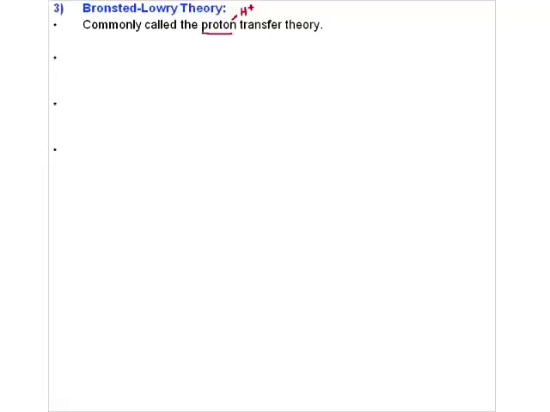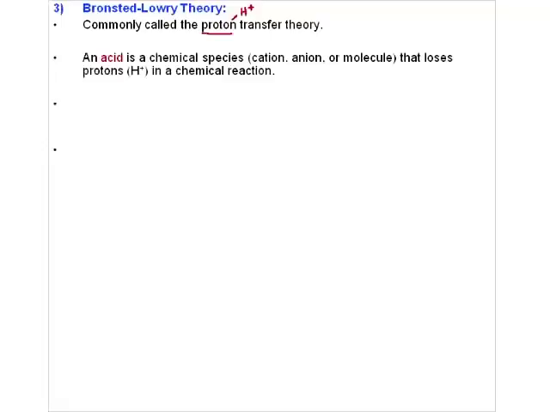Okay, what they proposed was that an acid is going to be a chemical species. It could be a cation, it could be an anion, or it could be a neutral molecule. And the only condition is that this species has to lose the proton. So anything that gives away a hydrogen is going to be an acid.